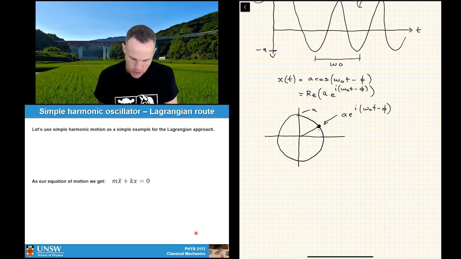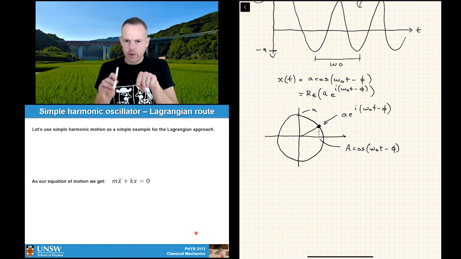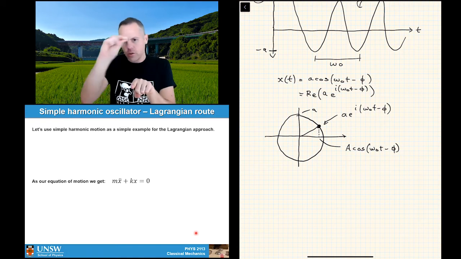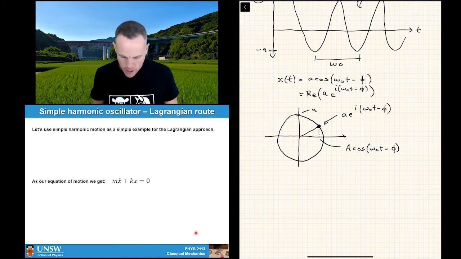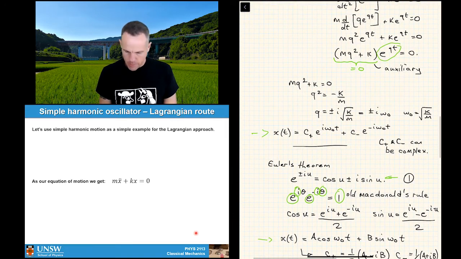And if you think about what the real component is, it's really just projection onto this real axis here, and it is a cos(omega naught t minus phi). Okay, and so really what's happening here is this oscillatory motion is just a projection of the overall circular motion that you get in your complex plane due to this solution back up the top here.